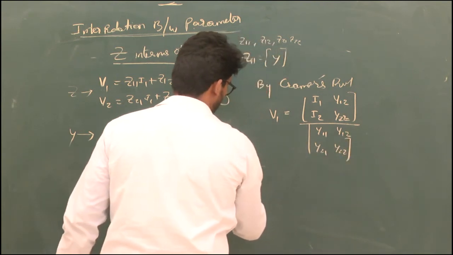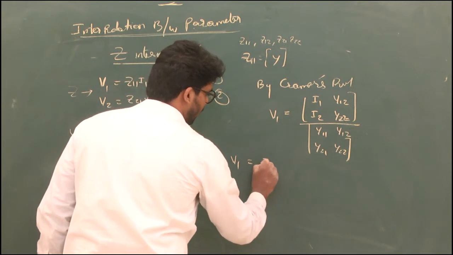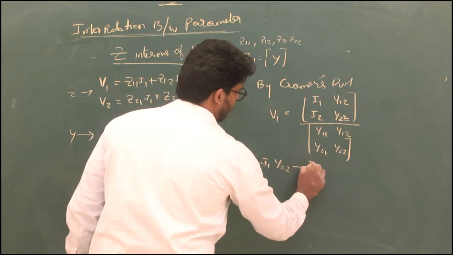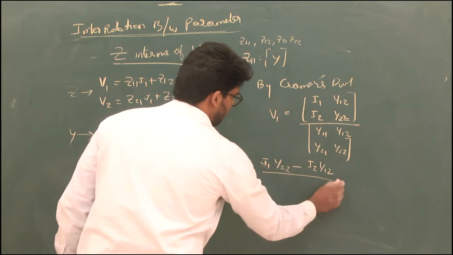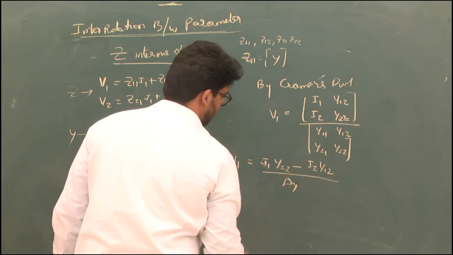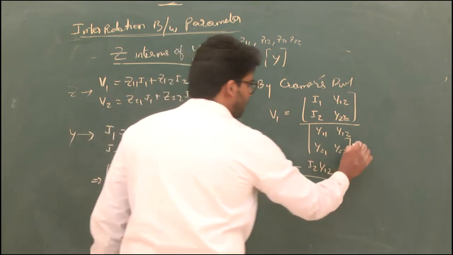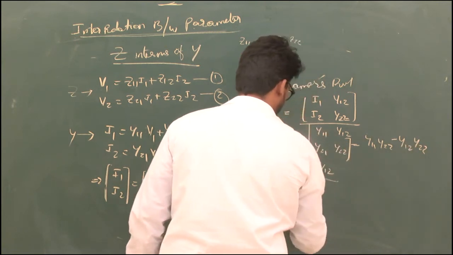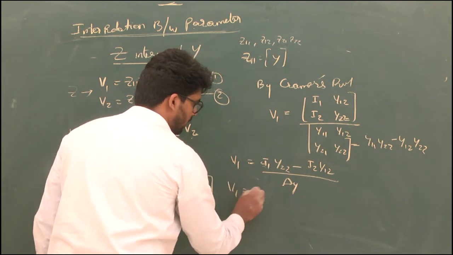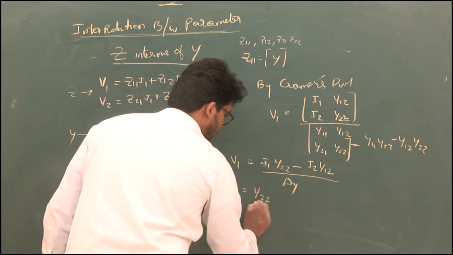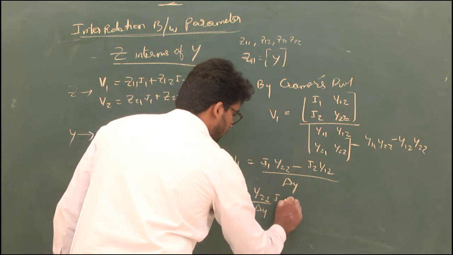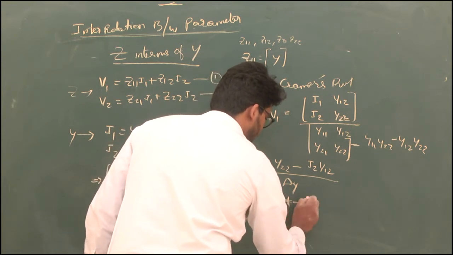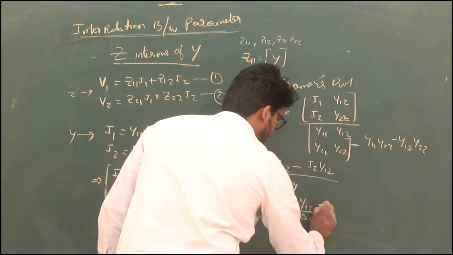You will obtain V1 equal to I1 Y22 minus I2 Y12 divided by the determinant of Y. So V1 equals Y22 by delta Y times I1 minus Y12 by delta Y times I2.